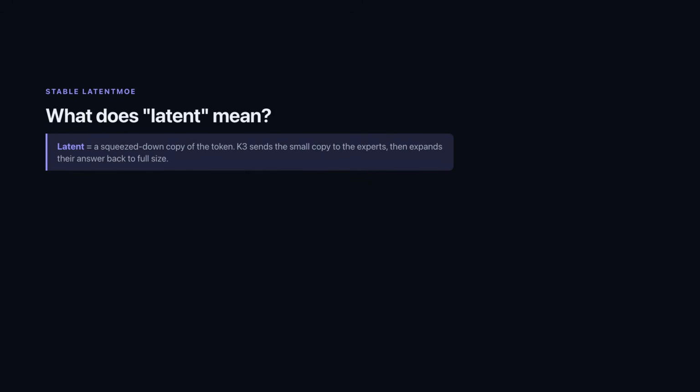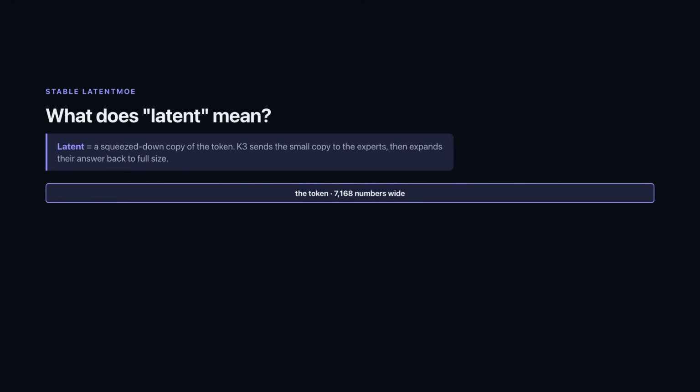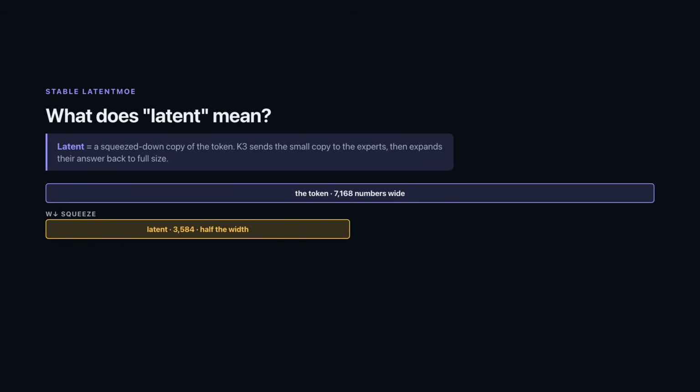K3 goes one step further, and this is where the word latent comes in. Every token starts at the model's full width, 7,168 numbers. The two shared experts always see it at that full size. But before the token reaches the routed experts, it gets squeezed down to half that width, 3,584 numbers. That compressed copy is the latent.